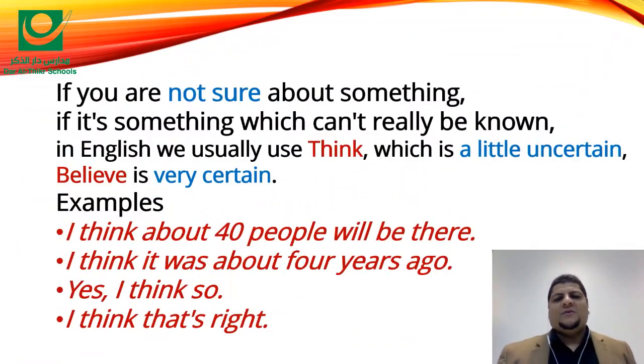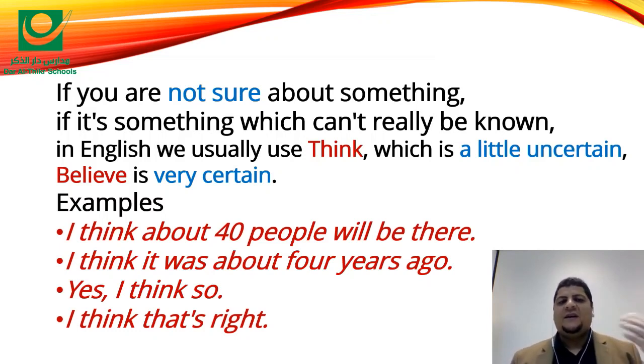If you are not sure about something, it's something which can't really be known. In English, we use think, which is a little uncertain or not very sure. Believe means very certain or very sure.